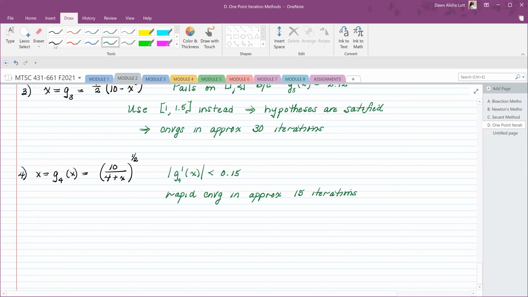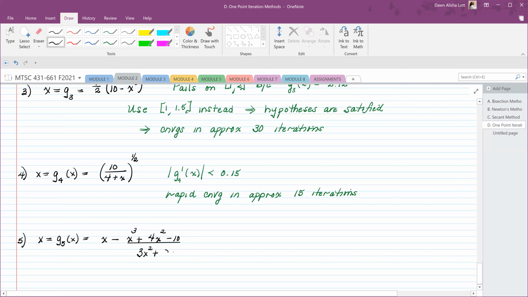Okay. And then in number 5, Gx is equal to G5 of x. And this one is x minus x cubed plus 4x squared minus 10 divided by the derivative of that, which is 3x squared plus 8x.